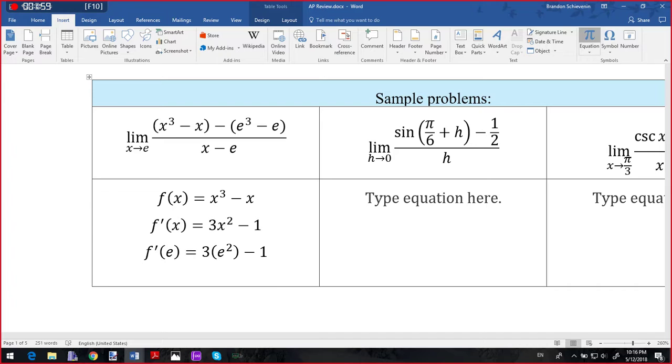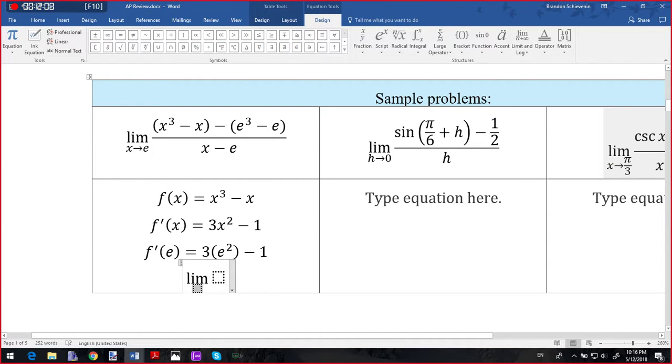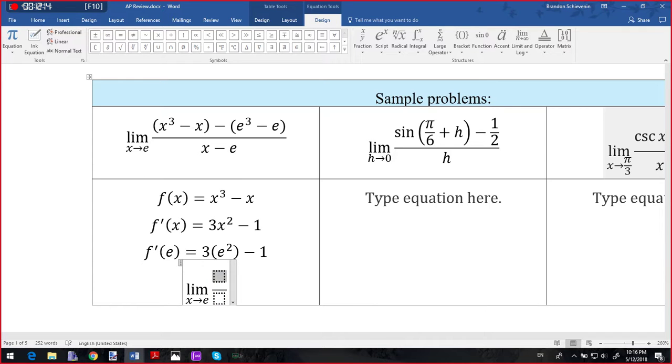So that means we can use L'Hospital's rule. So that tells me the limit as x approaches e of the derivative of the top divided by the derivative of the bottom should be the same. Okay, so with L'Hospital's rule, if you derive the top, what happens?